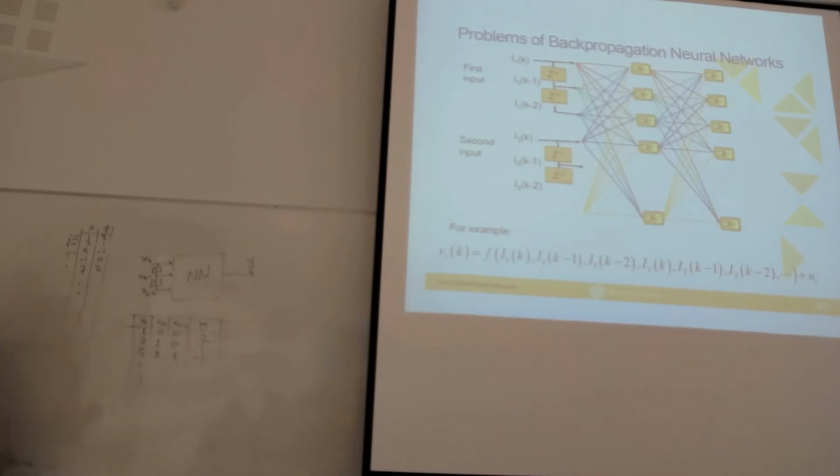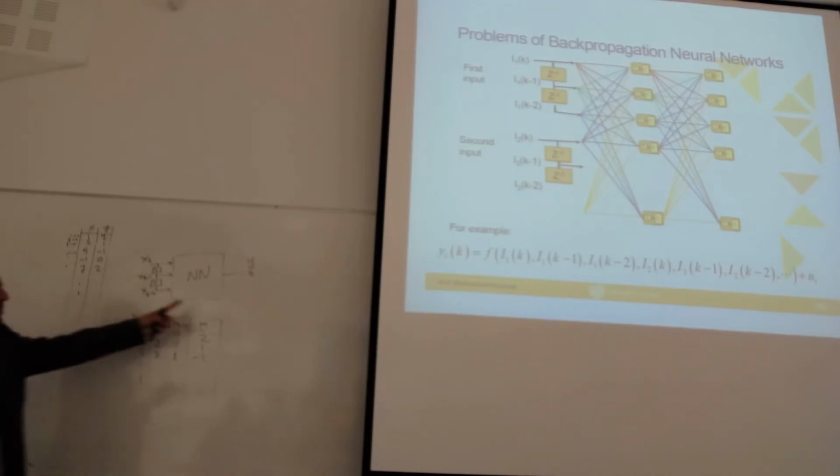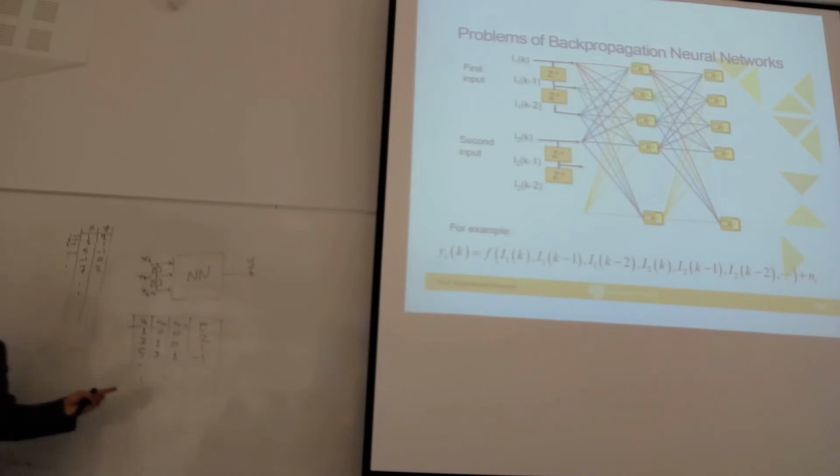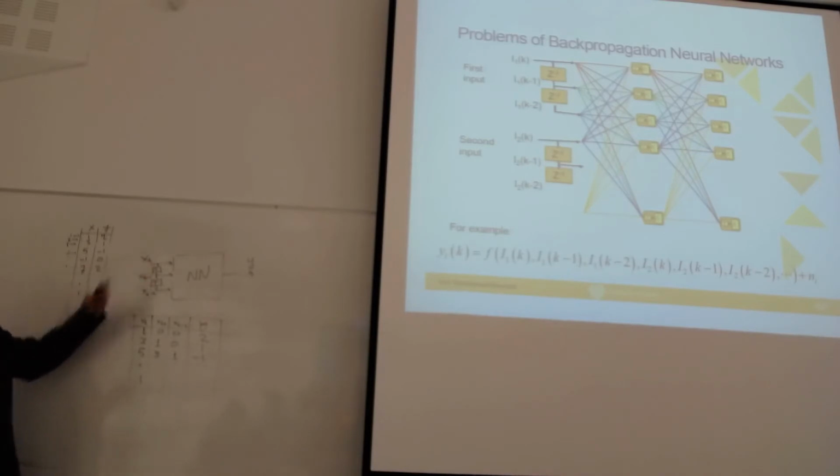I continue in this way. So now I have a new configuration of my neural network with 3 inputs and 1 output. It is the same with regression. For example, if you want to build a linear regression, you do it in the same way. You add memory for the input.